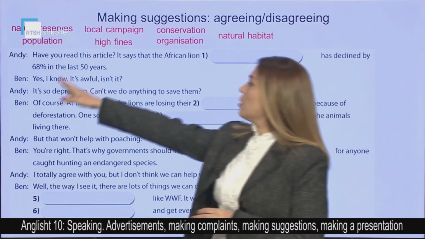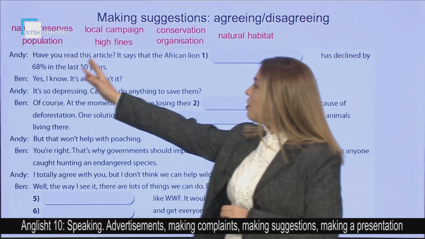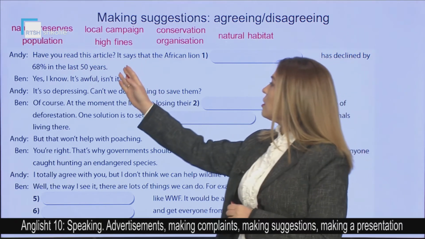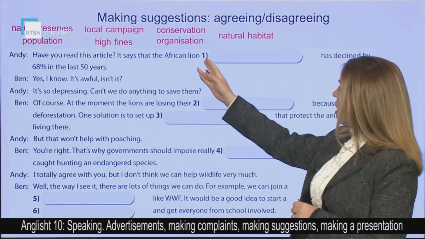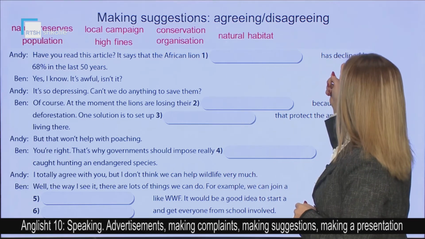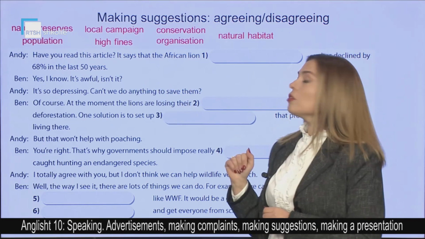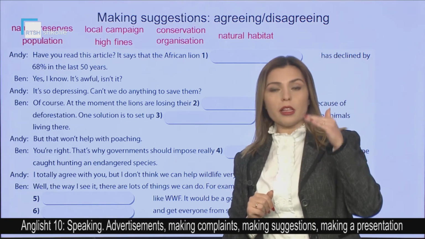We've got Andy and Ben. Andy is asking, have you read this article? It says that the African lion, look at the words, has declined by 68%. What can decline? What can lower?